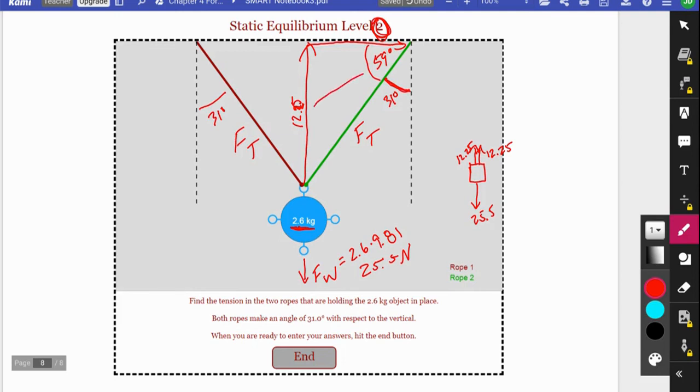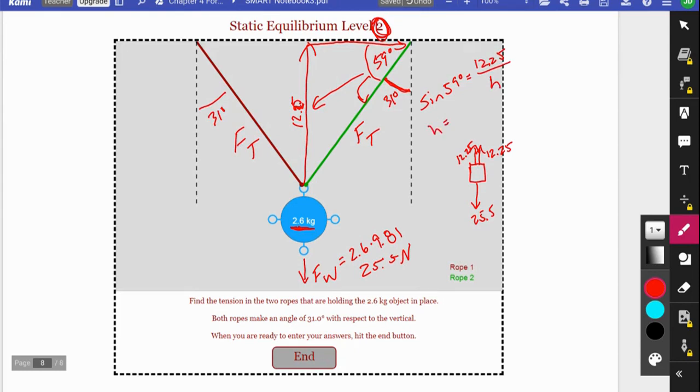I have my opposite side of that angle, and I want to find my hypotenuse, so that brings me to sine. So sine of 59 degrees is equal to my opposite, which is 12.25, divided by my hypotenuse. Again, I'm trying to find my hypotenuse.